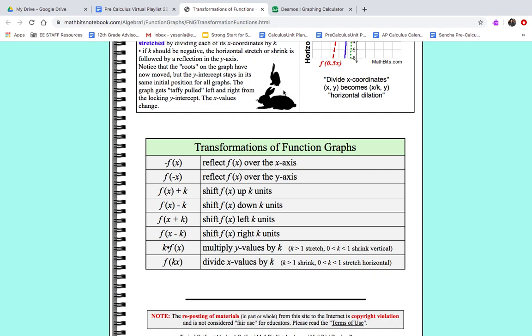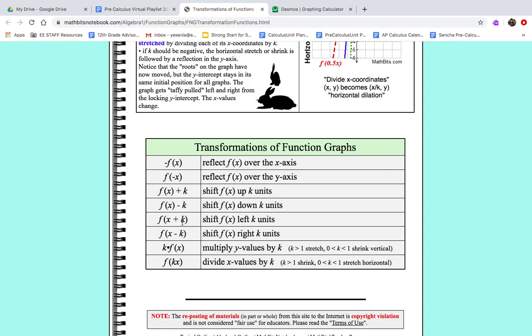That's hecka cool. Anyway, so again, if there's a negative that's outside of the function, that's reflection over the x-axis. Negative inside the parentheses is reflection over the y-axis. If it's a plus k, and k is a number, that's shifted upward by k units. If it's minus k, whatever k is, shift down.